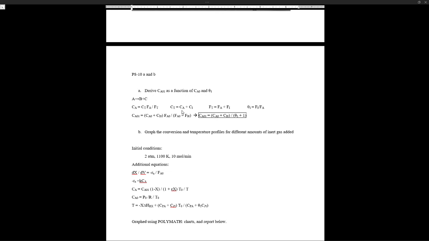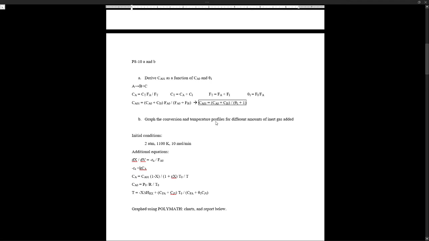So C_total is C_A plus C_I, F_total is F_A plus F_I, or inert. And theta I in this case is equal to the feed of the inert over the feed of A. Then that comes down to the C_A0,1 equation, and it all simplifies down to this in the box, (C_A0 plus C_I0) over (theta I plus 1). So that's all there is for part A.